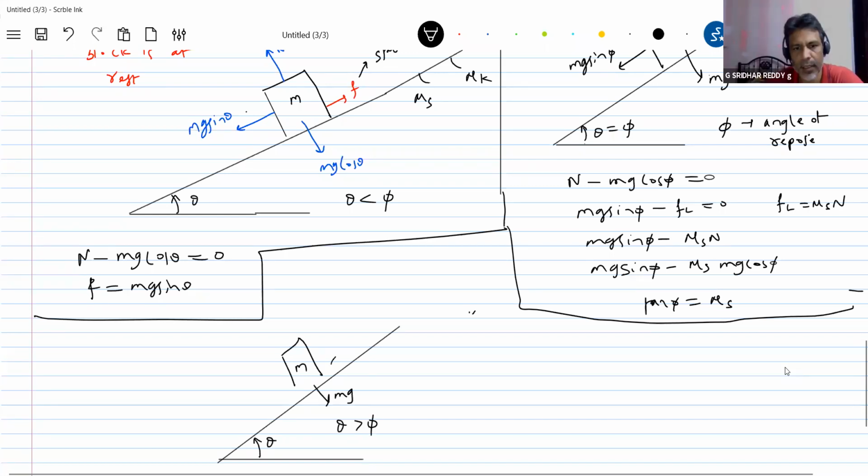So what are the forces acting? mg cos theta, the normal reaction. The friction acting should be kinetic. Why should I bring kinetic here? Because the block is going to accelerate down.